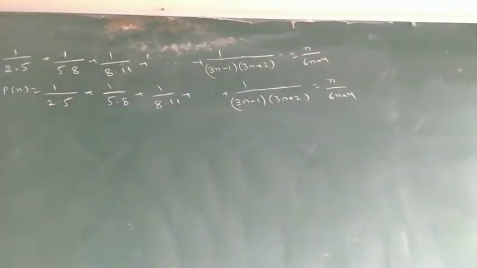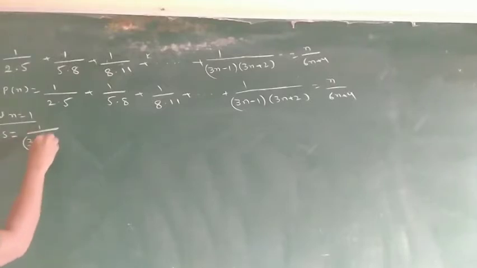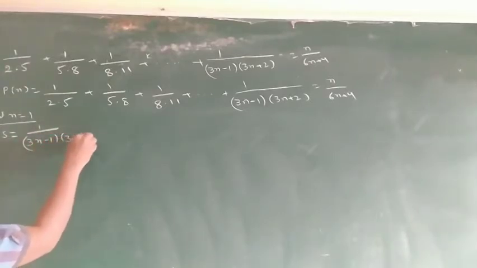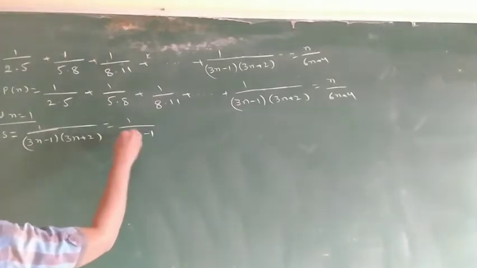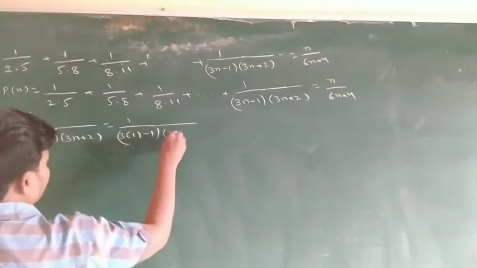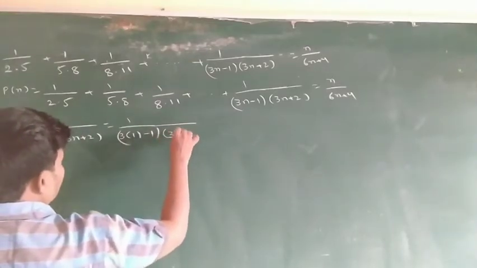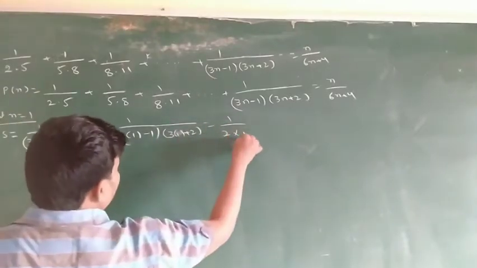Next, put n equal to 1. We have to prove for n equal to 1. LHS: 1 by 3n minus 1 into 3n plus 2, that is 1 by 3 into 1 minus 1, into 3 into 1 plus 2, that is 1 by 2 into 5.